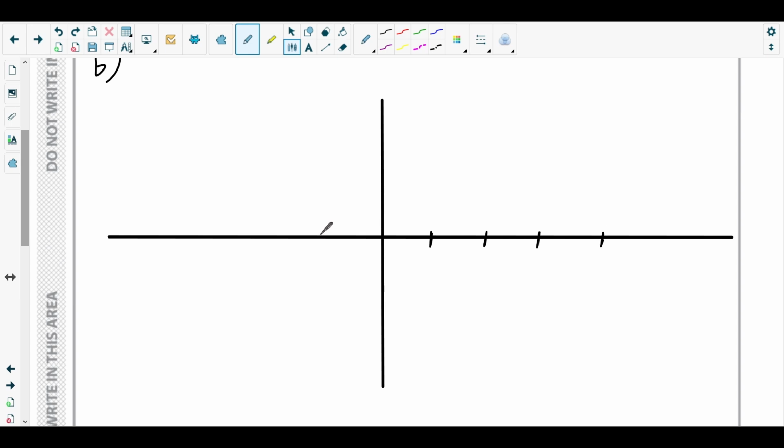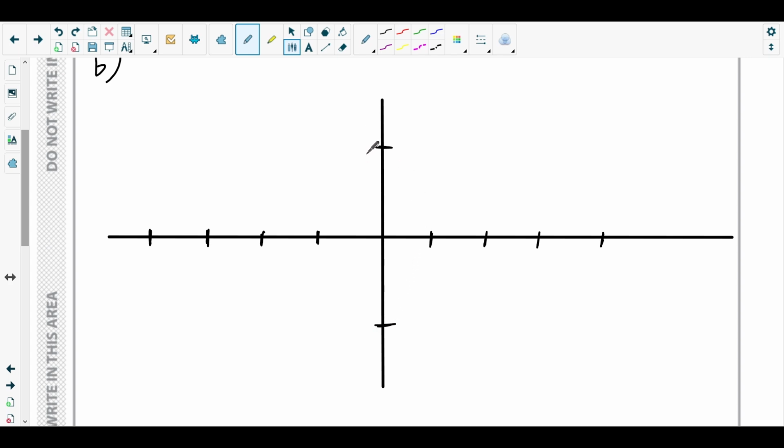Then this is negative pi over 2, this is negative pi, this is negative 3 pi over 2, and this is negative 2 pi. And the maximum value should be 3, since it is 3 cos theta. So let's say this is 3, and this is negative 3.